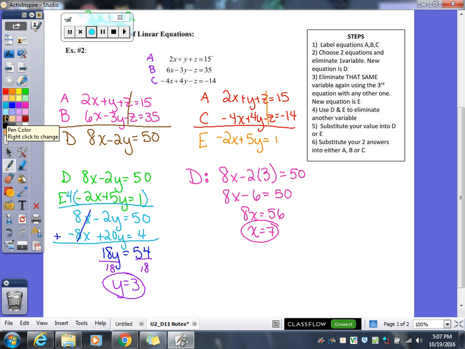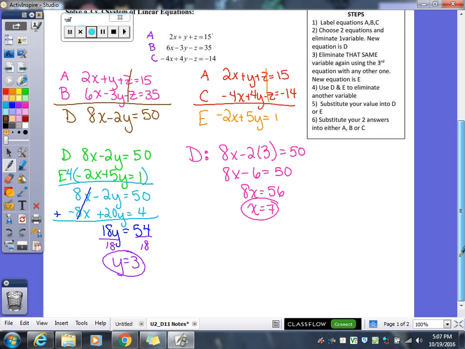So now I need to get my z. To get my z, I go back to one of my original 3 that actually has all 3 variables in it. I'll use A. So I'm going to plug in a 7 for my x, so 2 times 7, a 3 for my y. I'm solving for z.